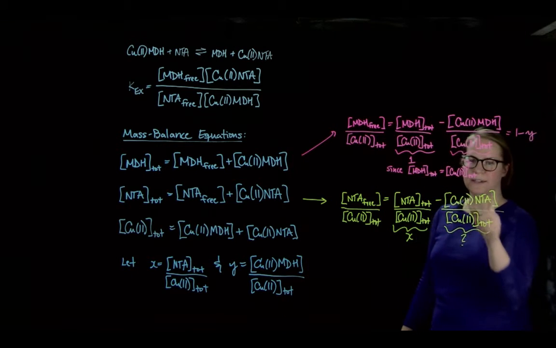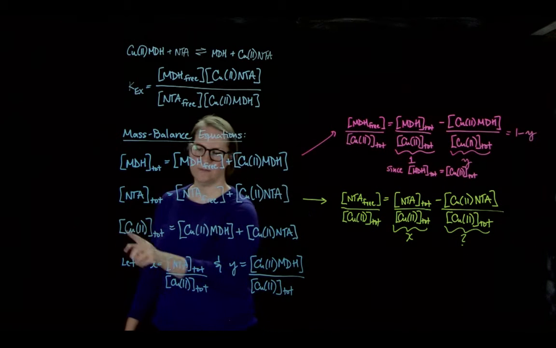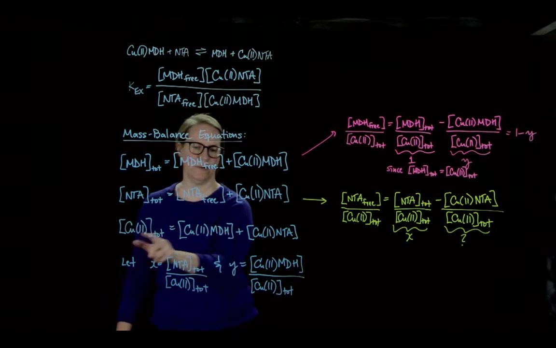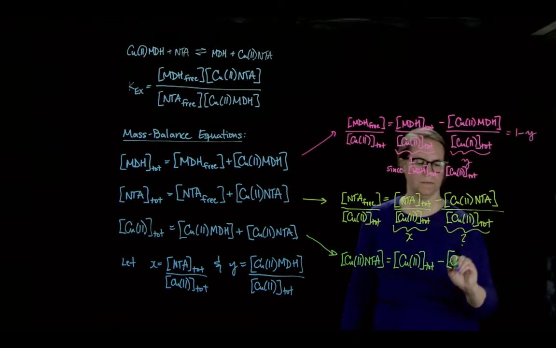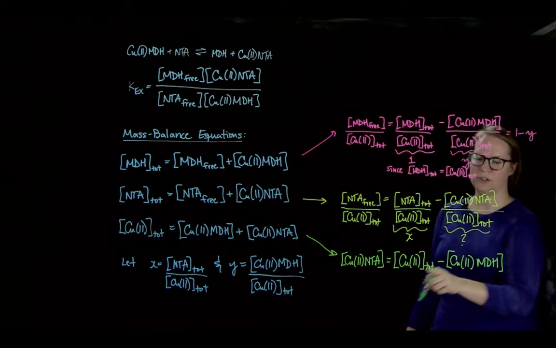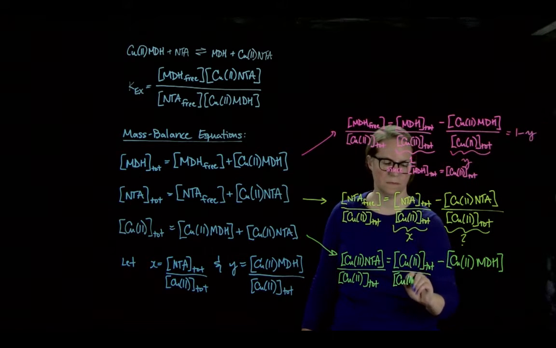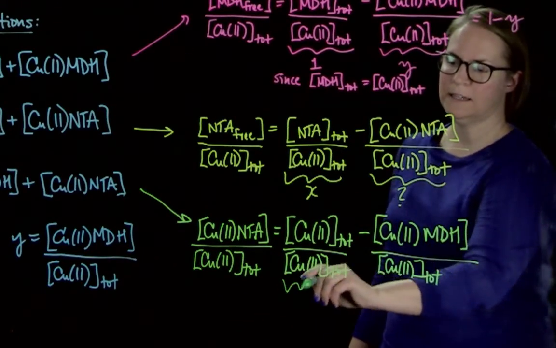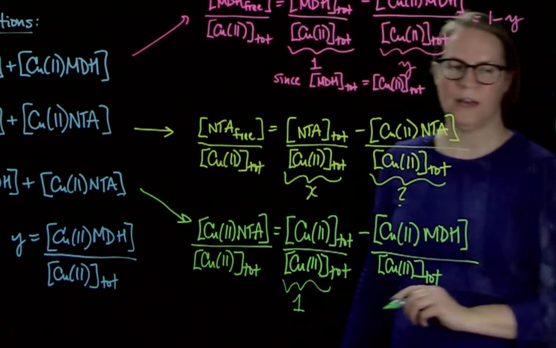As we see, we want an expression for copper 2 NTA concentration. So in the copper 2 mass balance, we're going to solve for that by subtracting the copper 2 MDH concentration from both sides. Again, we do the same step we've done before, divide each term by copper 2's total concentration. And now at this point, we recognize that here we're dividing the same number by itself, so that will be 1.